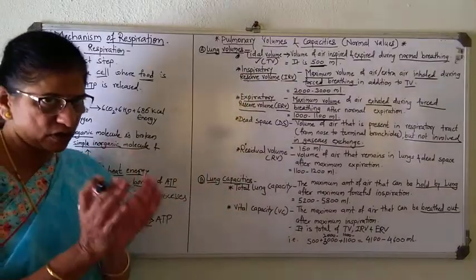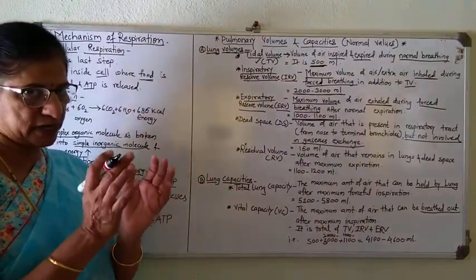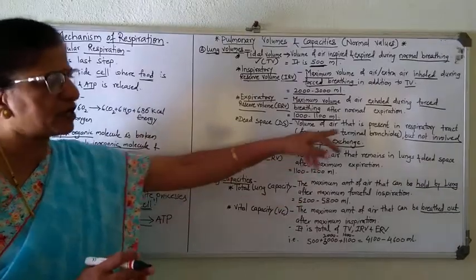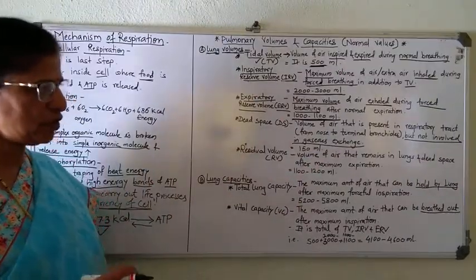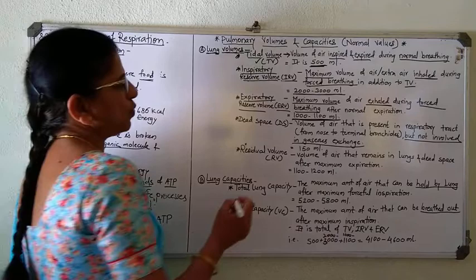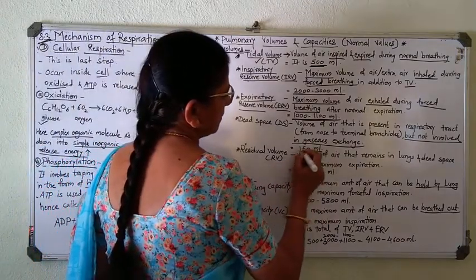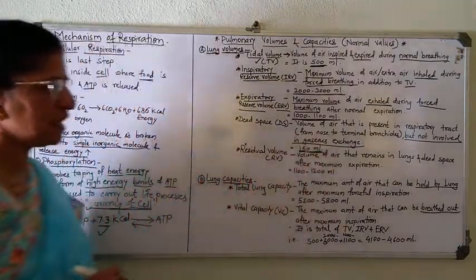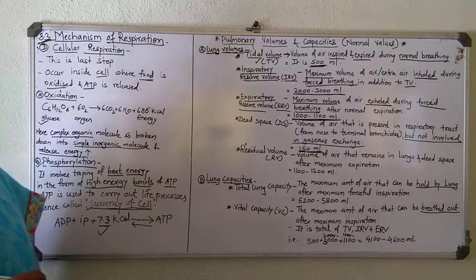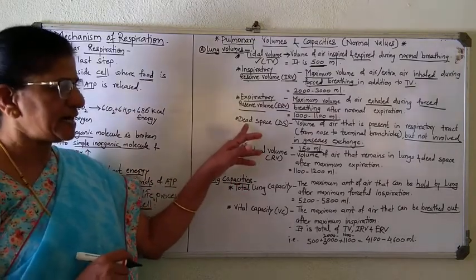That means actually that volume of air is not in the alveolus, only up to the terminal bronchiole. That volume of air is about 150 ml. Its value is about 150 ml. So that is called dead space.